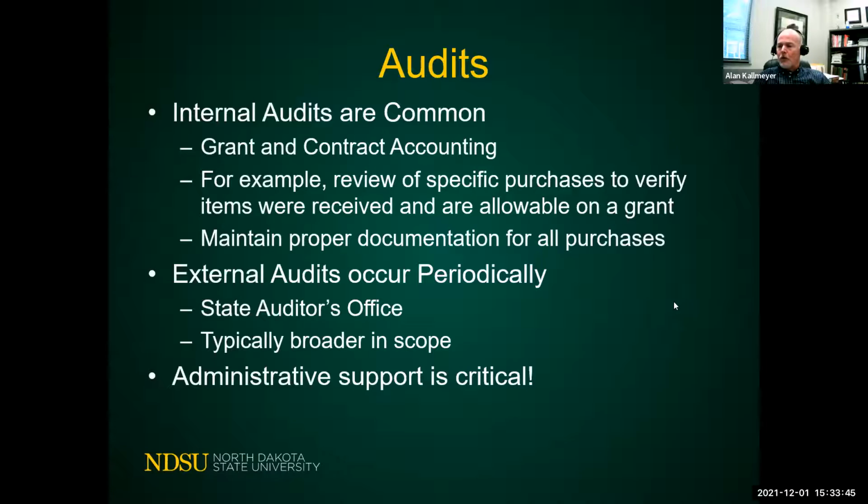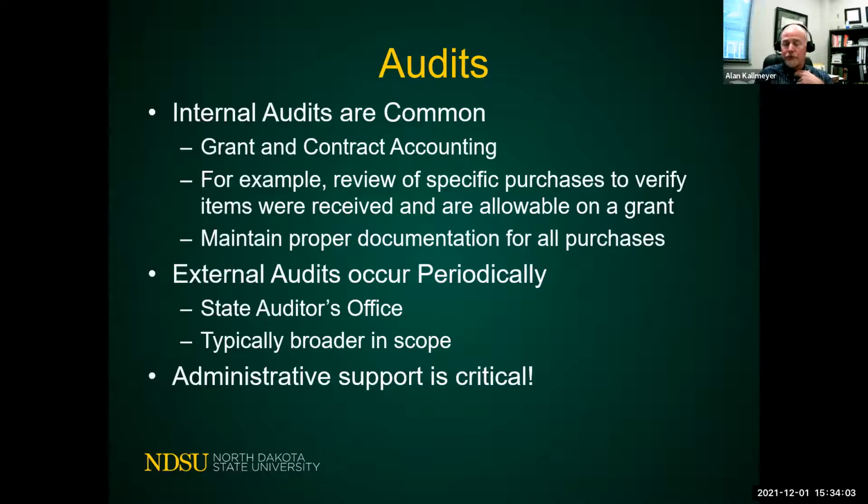Okay, so I don't know at what point I lost sound, but I had been talking about the internal audits that are handled through grant and contract accounting. And I was mentioning that external audits sometimes occur, coming through the state auditor's office.